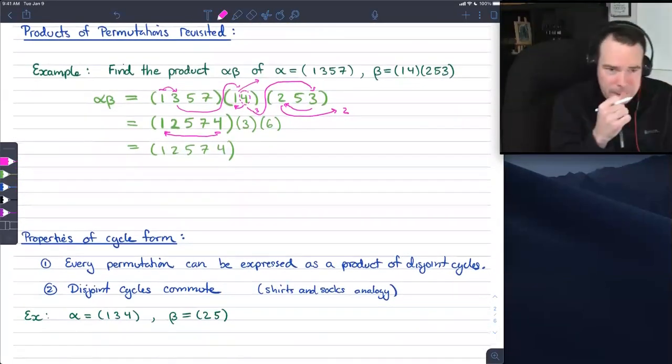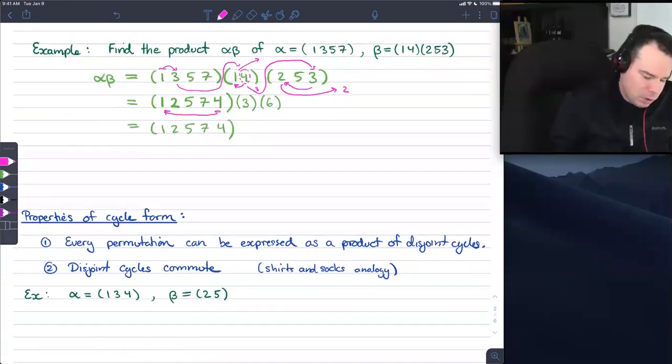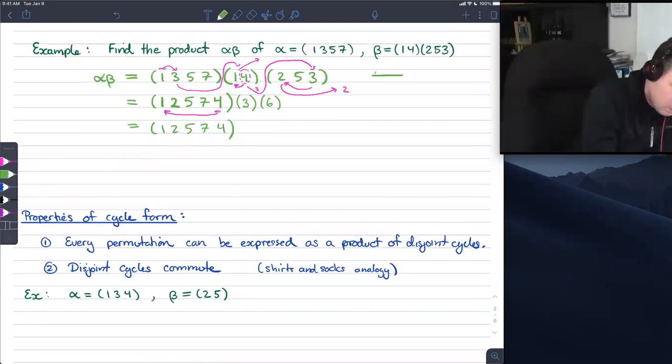Okay, properties of cycle form. Every permutation can be expressed as a product of disjoint cycles. That means cycles that don't contain numbers in common. For example, alpha and beta, the very first thing I wrote down was a list of cycles that are not disjoint.